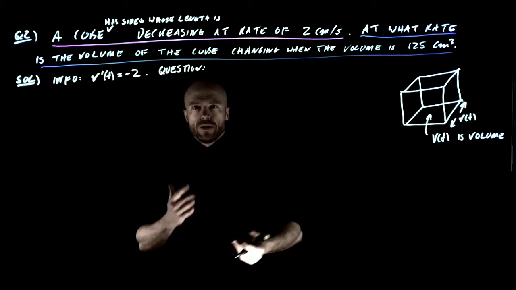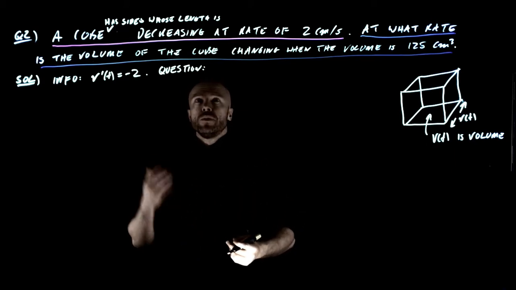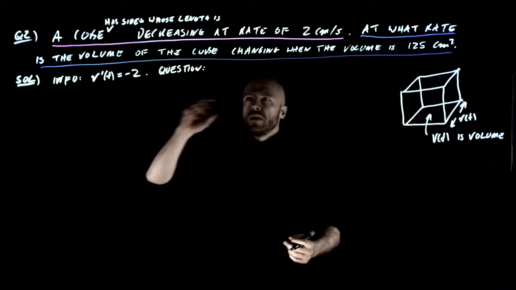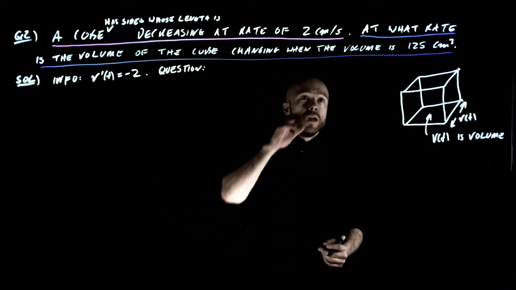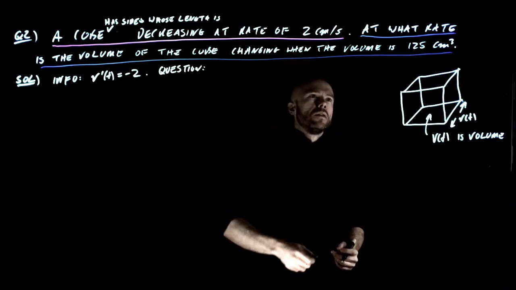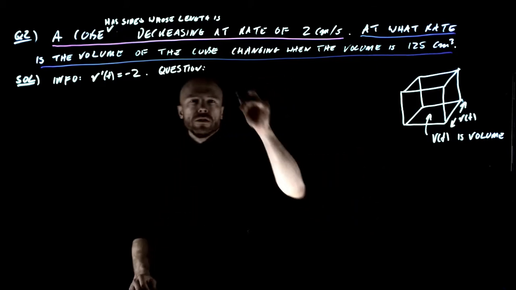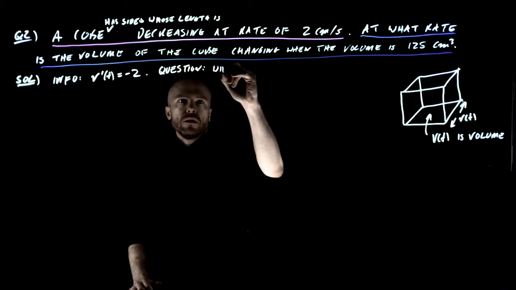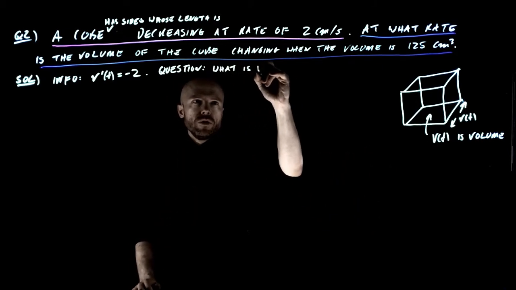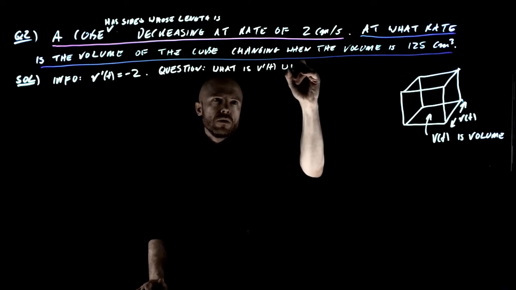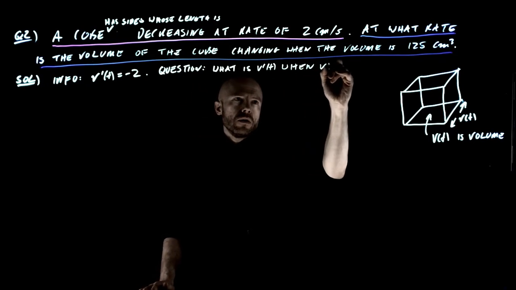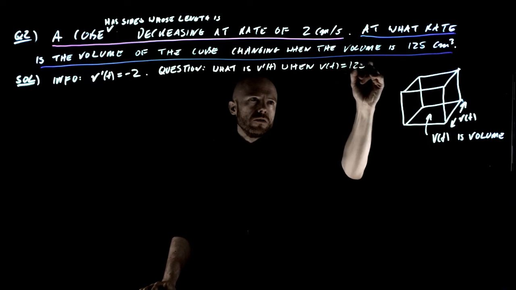The rate of change of V of t is V prime of t. So this is a question about V prime of t. So it's saying, what is V prime of t when the volume V of t is 125 cubic centimeters? So this question is, what is V prime of t when V of t is 125?